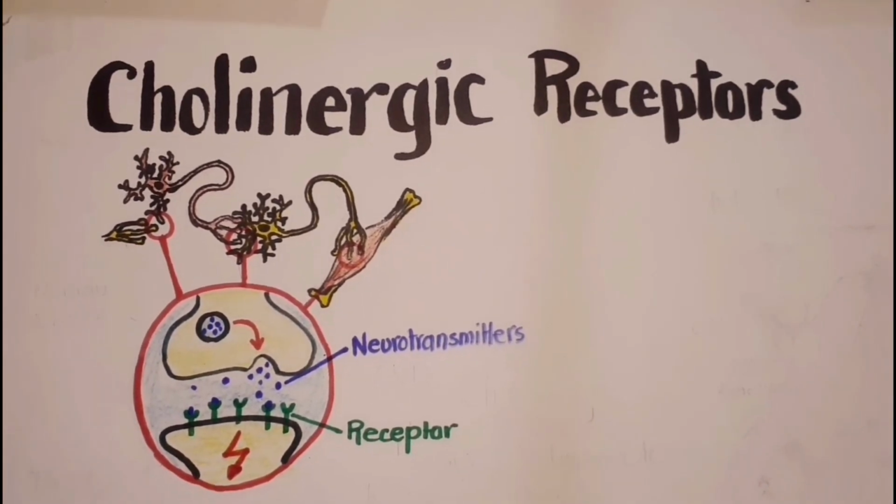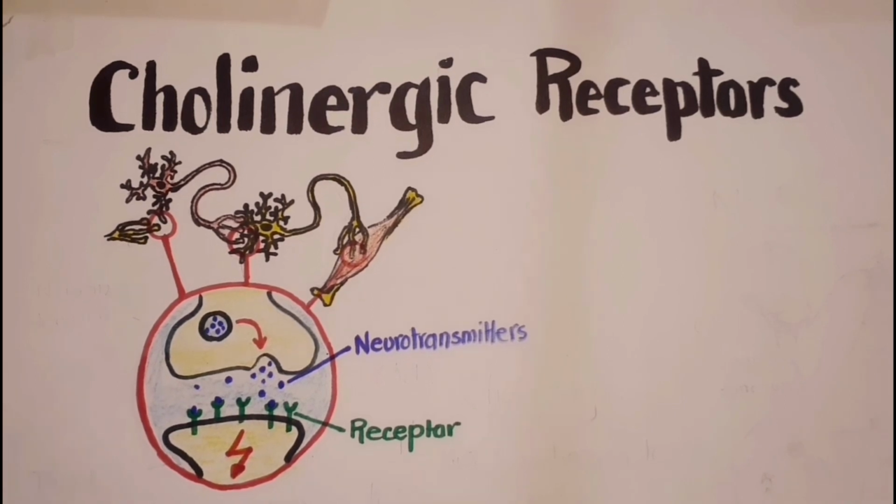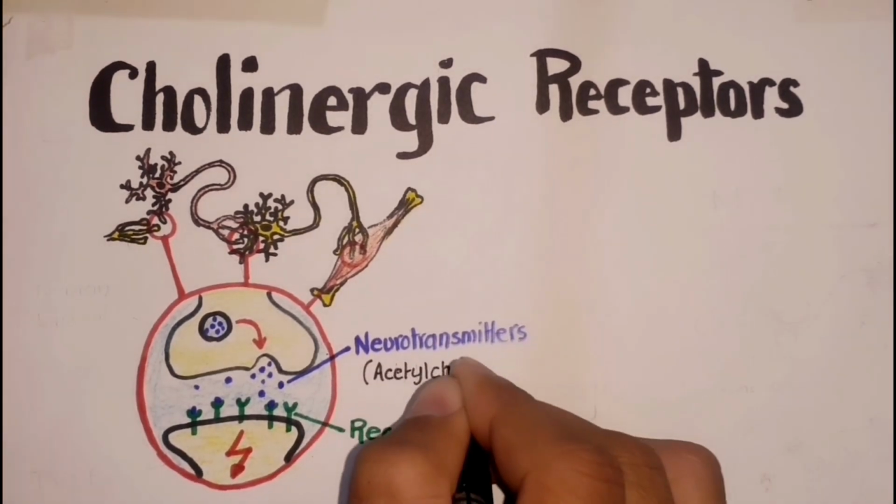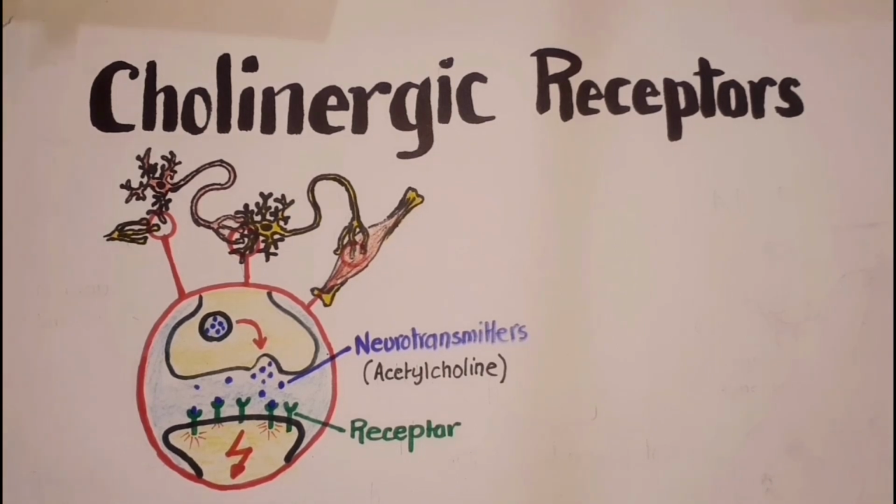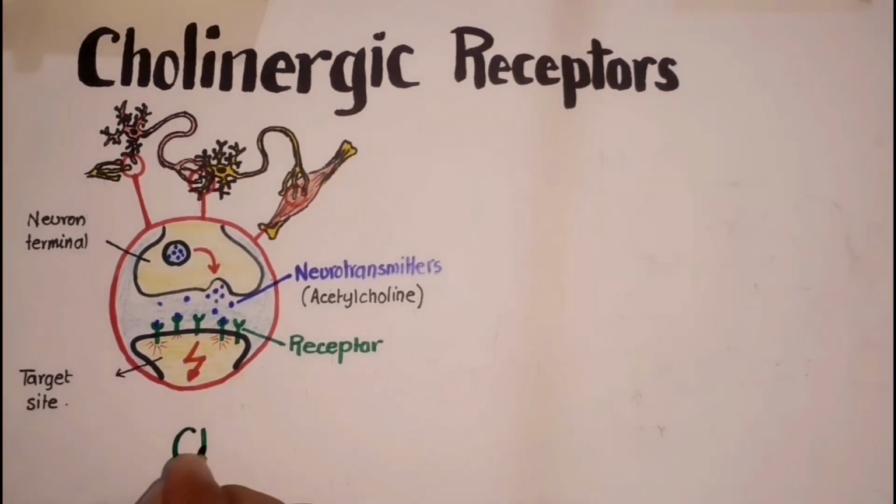And thus, these receptors are divided based on the type of neurotransmitters to which they respond. In the same way, the receptors which detect or bind to the neurotransmitter acetylcholine are called the cholinergic receptors.